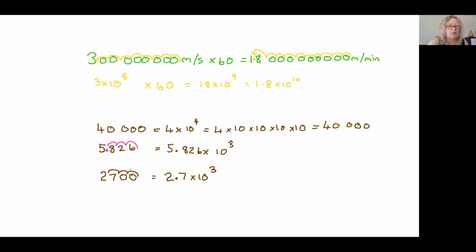Let's look at going back the other way. We will just change colours and go down to this corner. 3.74 times 10 to the power of 4 equals, and we're going to move that decimal point 4 places. 1, 2, another 0, and another 0.